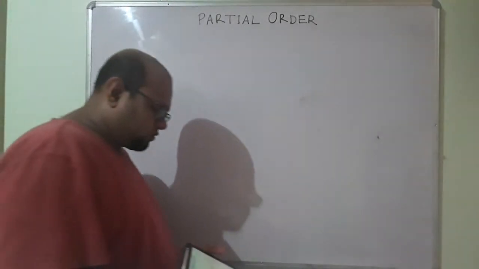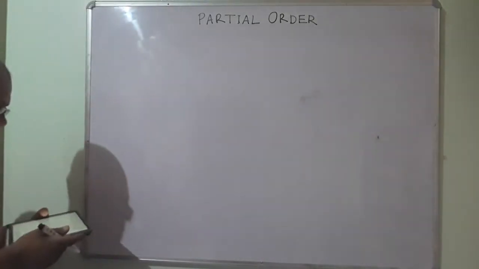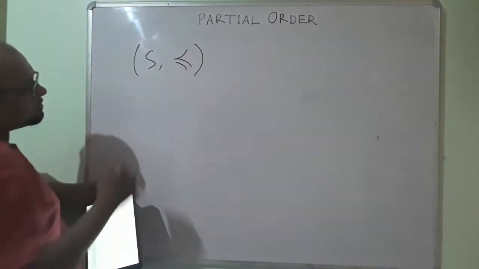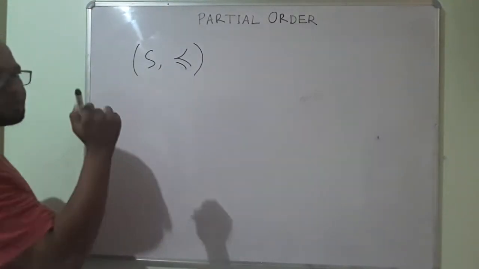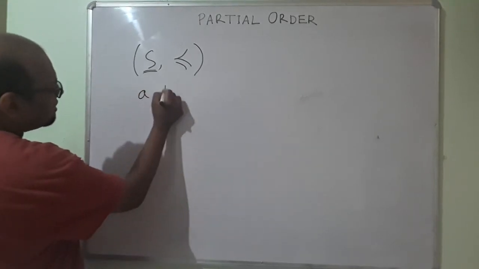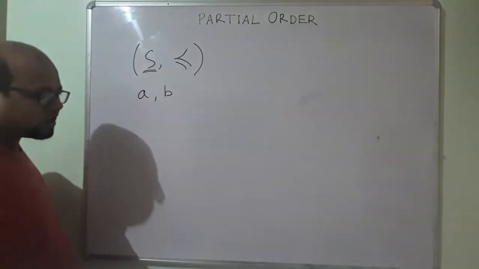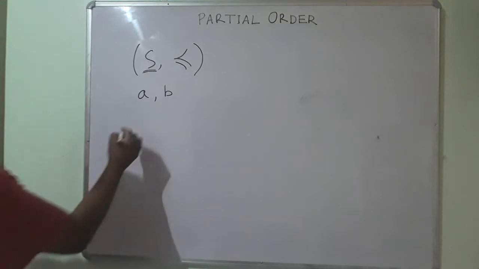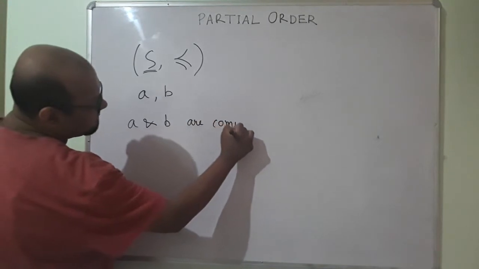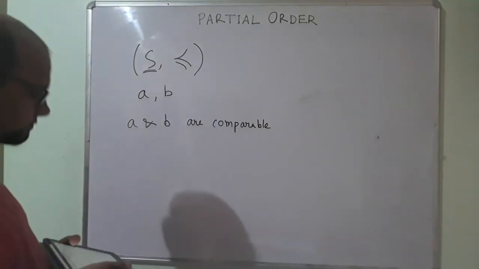Now let us talk about this idea of elements being comparable. When I say elements of some partial order set, I actually mean elements of my set. So say A and B are elements of this set. So A belongs to S and B belongs to S. Now I say A and B are comparable if they are related by this partial order.